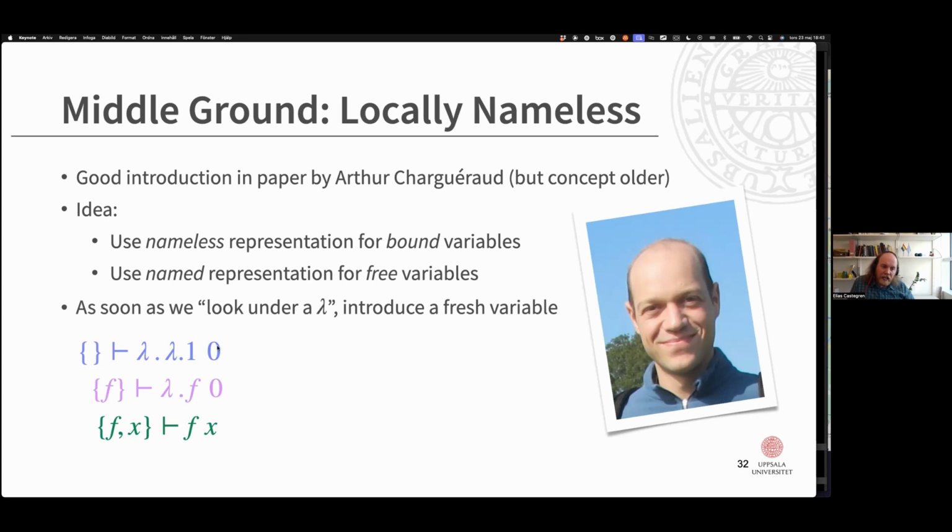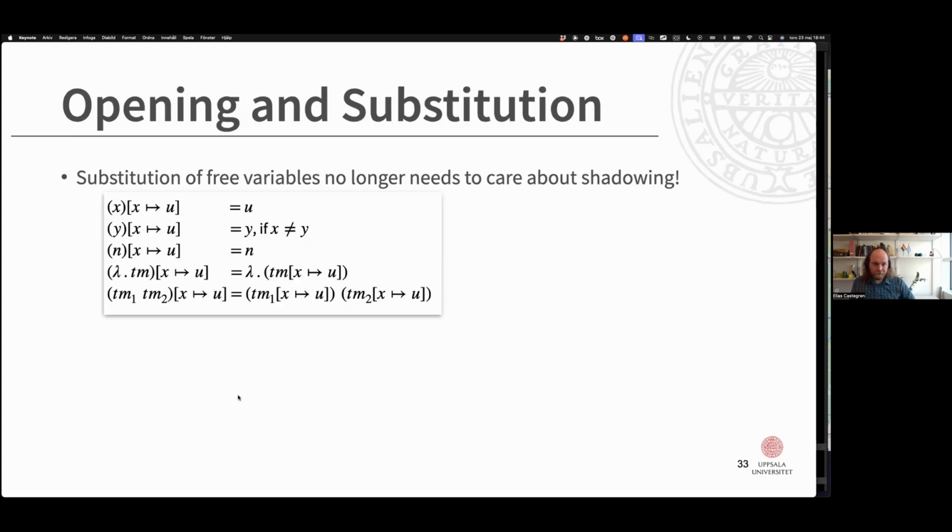So we get the nice property that equivalent lambda terms are syntactically equivalent, but we also get the nice property that variables are names whenever we need to look at them and reason about them.